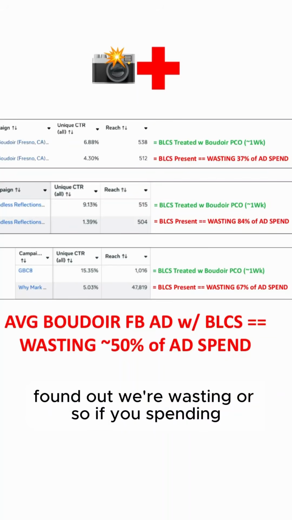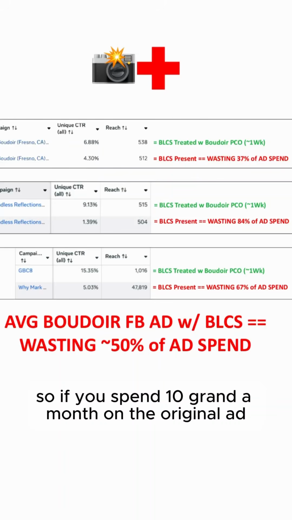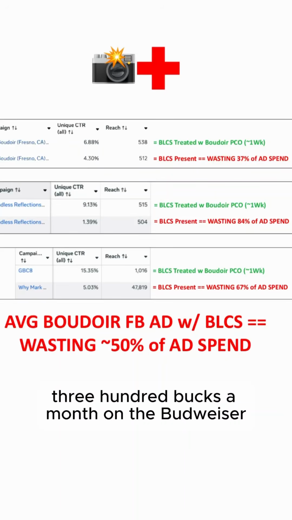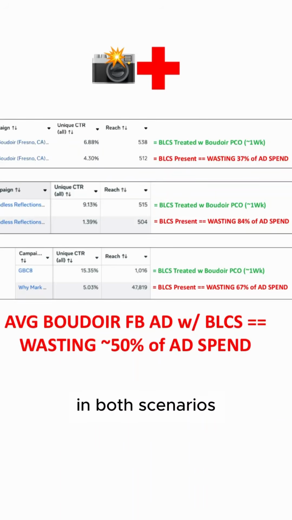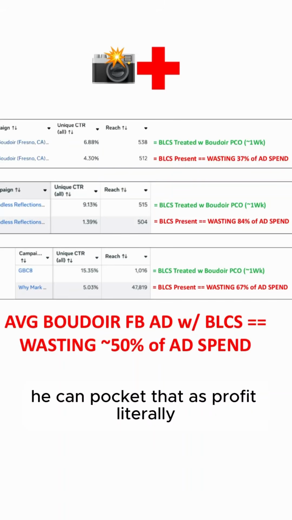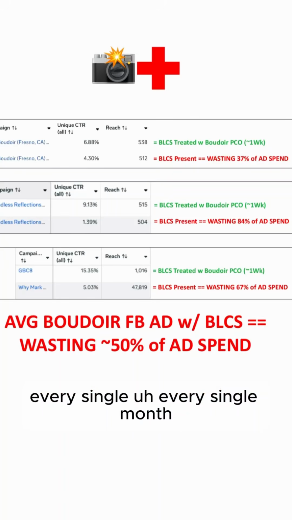So he was wasting 67% of ad spend on that original ad. If he's spending 10 grand a month on the original ad, now he only has to spend 3,300 bucks a month on the boudoir Pico treated ad, and he gets it into the same number of women's brains in both scenarios. So that 6,700 bucks a month being wasted, he can pocket that as profit, literally every single month.